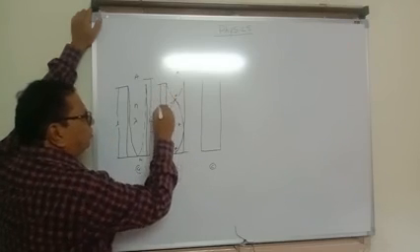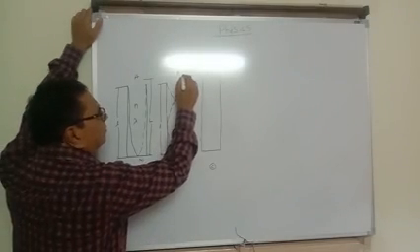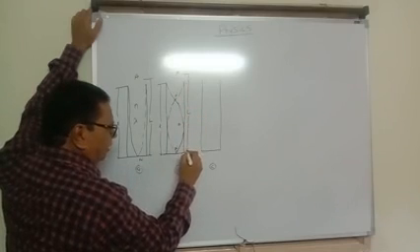Length of air column, small l. Total length from the antinode is capital L, with the addition of end correction.